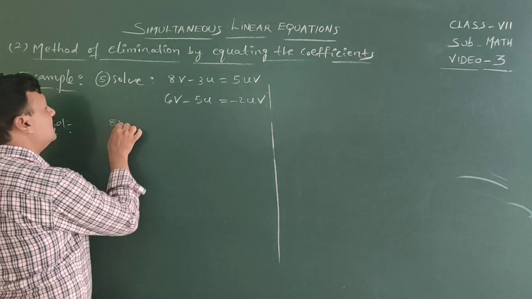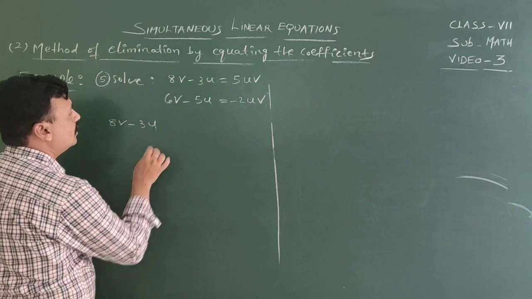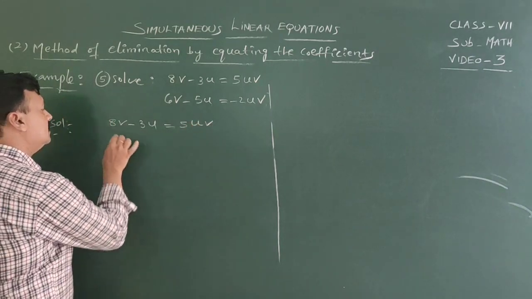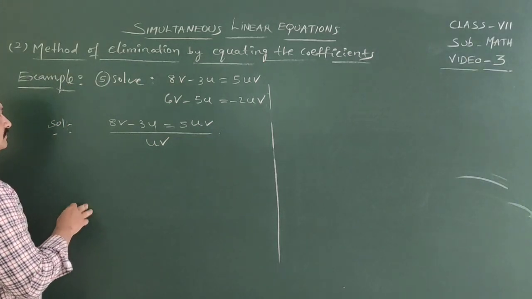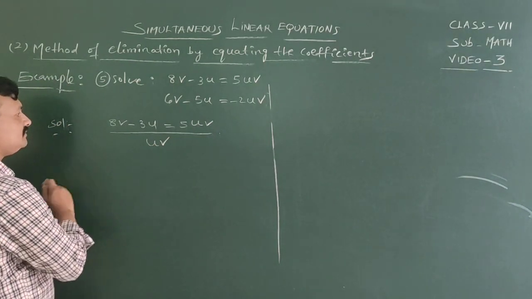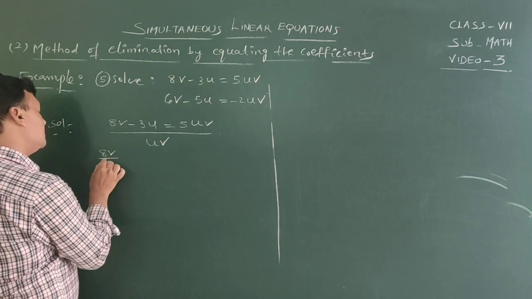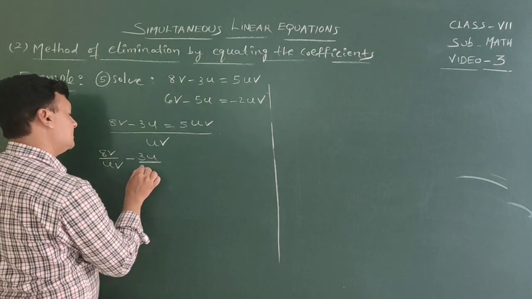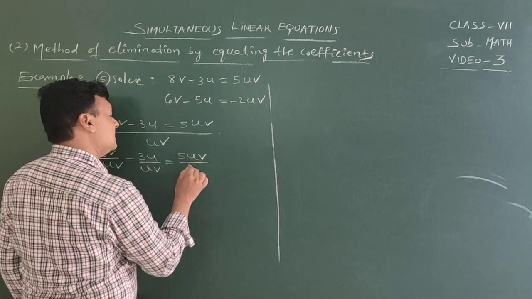So for example, 8v minus 3u equal to 5uv, divided by uv, then becomes 8v by uv, 3u by uv, 5uv by uv.